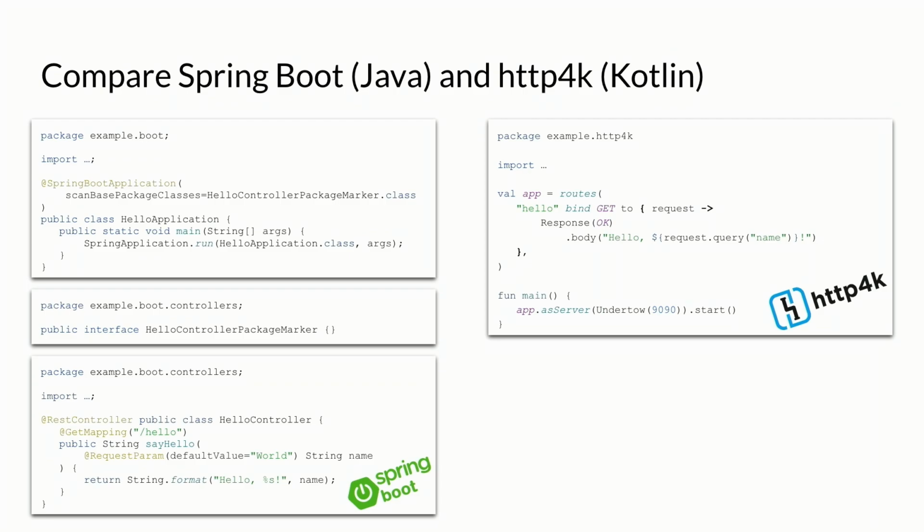And on the right, an example of http4k, a program doing the same thing, but written with Kotlin style in mind, written natively for Kotlin, where the composition is static, type-checked. We're working with functions rather than classes. And we have more feedback at compile time than we do in the Spring example.